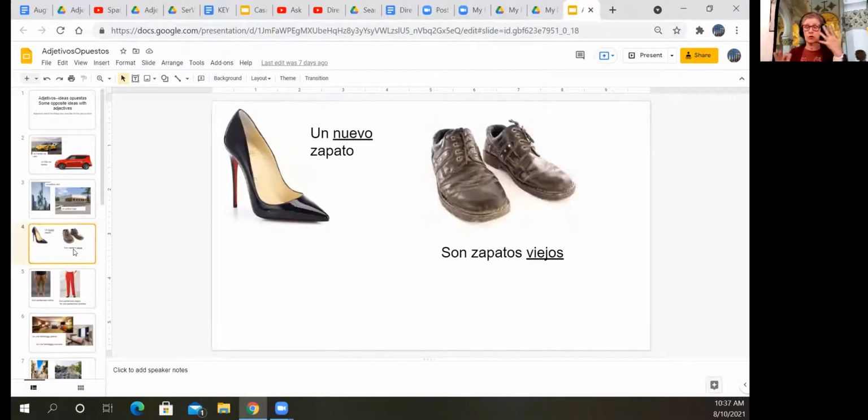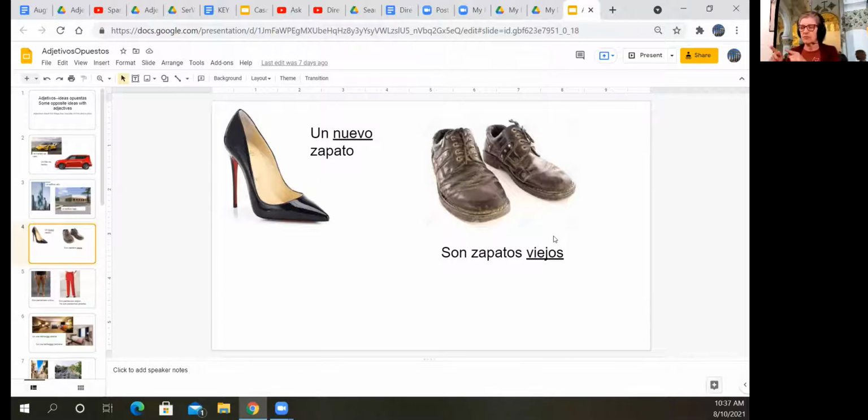New and old, new and old. Un nuevo zapato, a new shoe. Son zapatos viejos, they're old shoes. So I have just one high heel, un zapato on the left. So it's nuevo, one thing. Un nuevo zapato, wow, a new shoe. But son, they are.